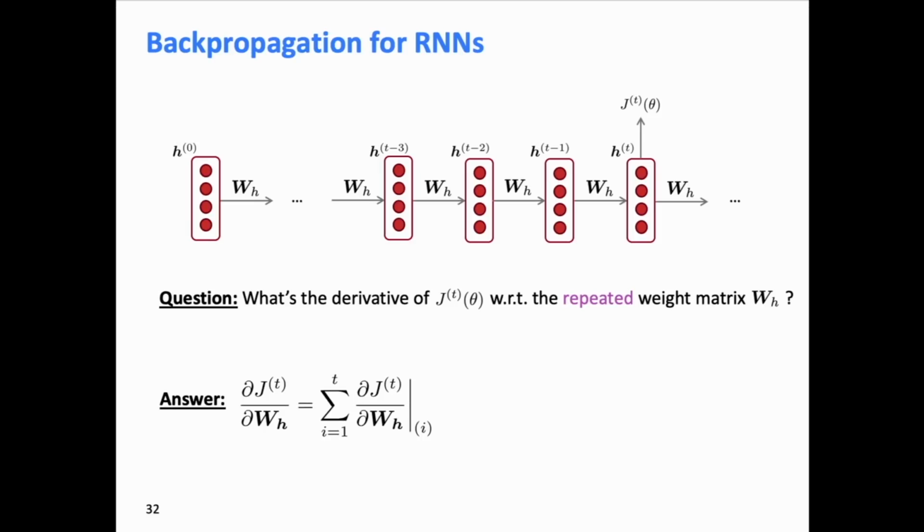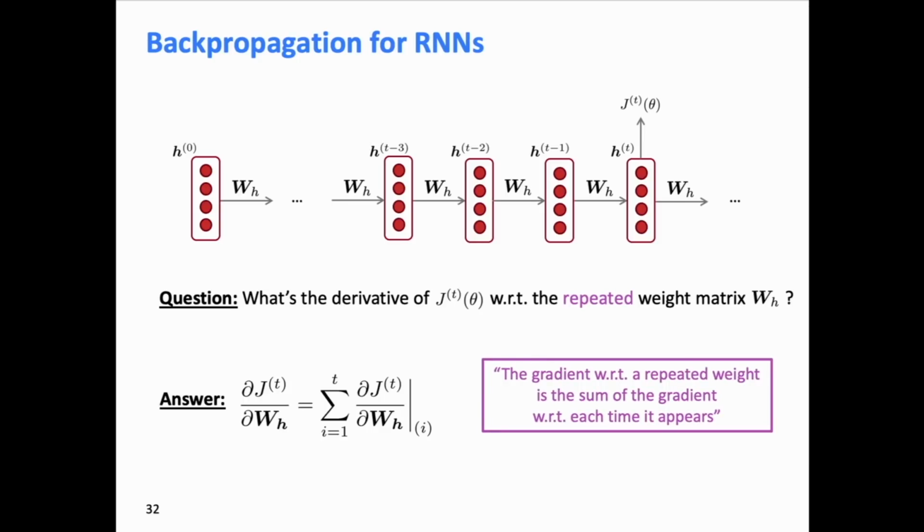The answer is that the gradient with respect to the repeated weight is the sum of the gradient with respect to each time it appears. That's what the equation says. On the right, the notation with the vertical line and the i is saying the derivative of the loss with respect to WH when it appears on the ith step.